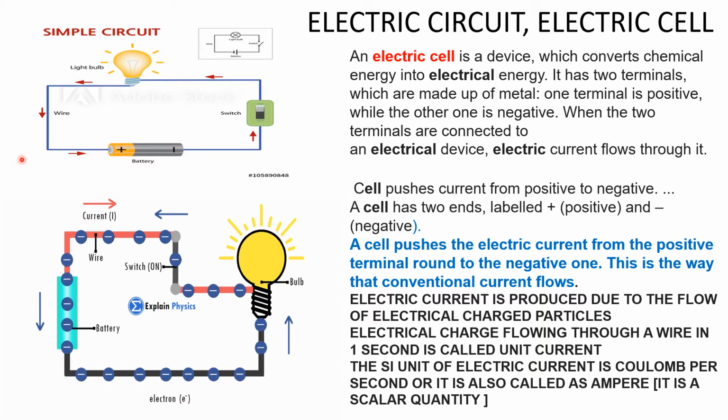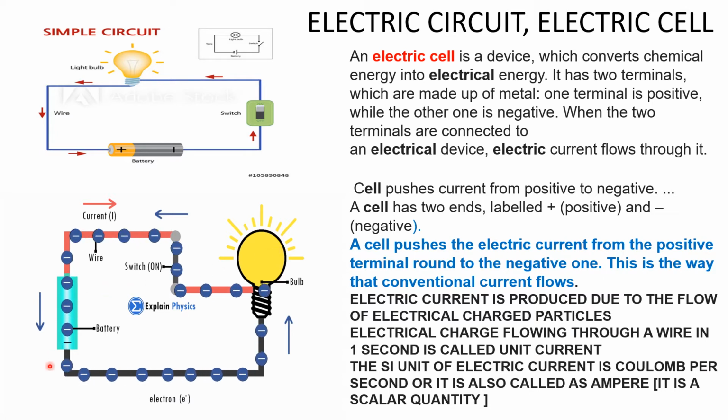The electrical cells work on electrical charges to maintain a constant potential difference. Thus, an electrical cell is a device which converts chemical energy into electrical energy.